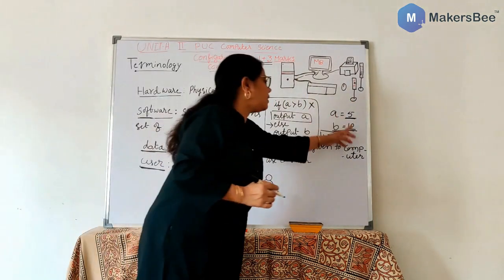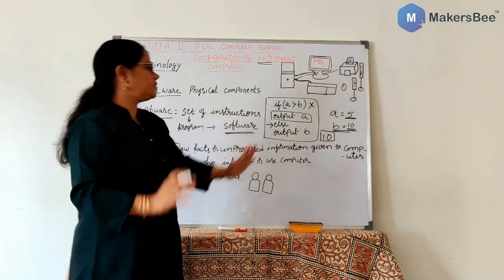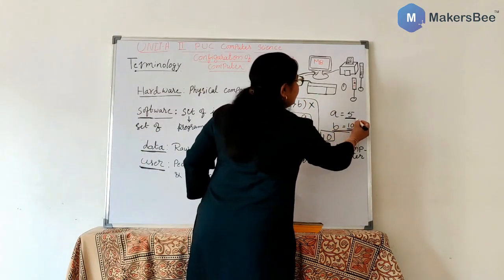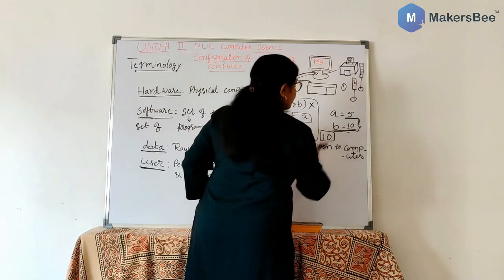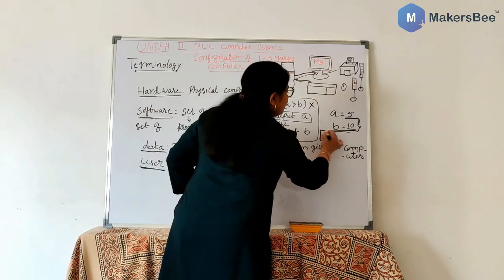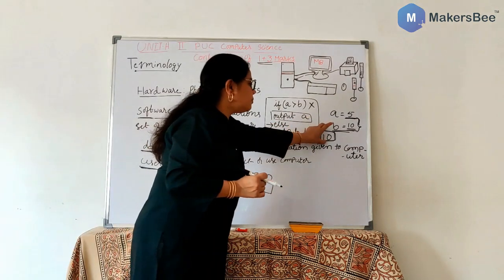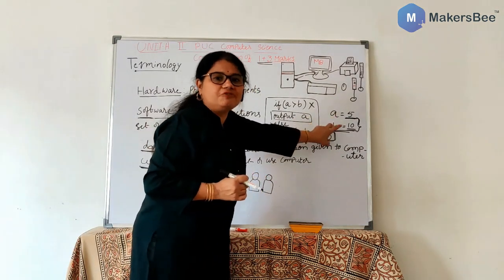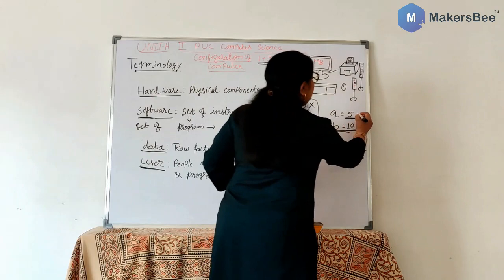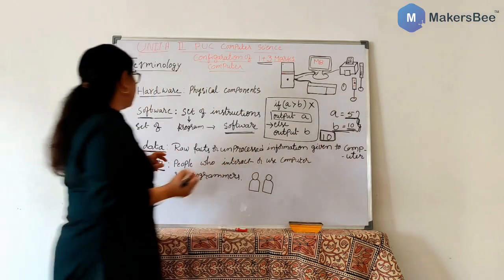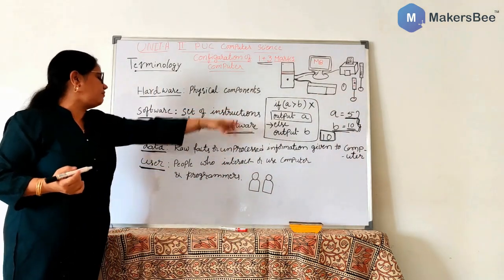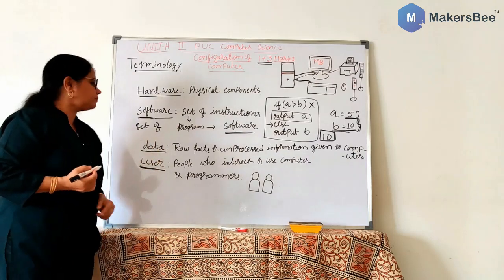These two are now unprocessed data, and when we compare these two and the desired output is given as 10, this is called processed data or the information, but the unprocessed data is called unprocessed facts, or the raw facts are called data.